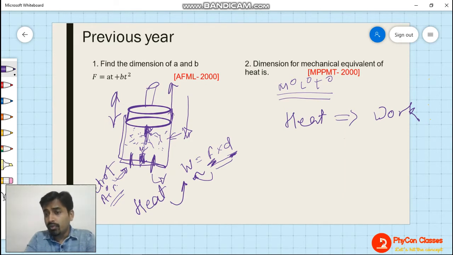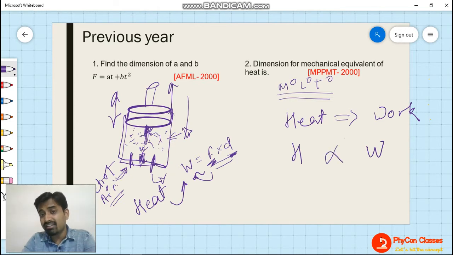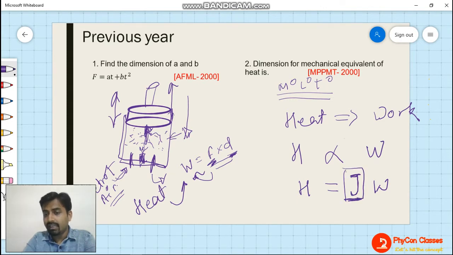Now, during the conversion of heat into work, these two things are proportional, but they are not equal, because complete conversion of heat into work is not possible. To remove this proportionality sign, we introduce a constant J, and this constant J is nothing but the mechanical equivalent of heat.